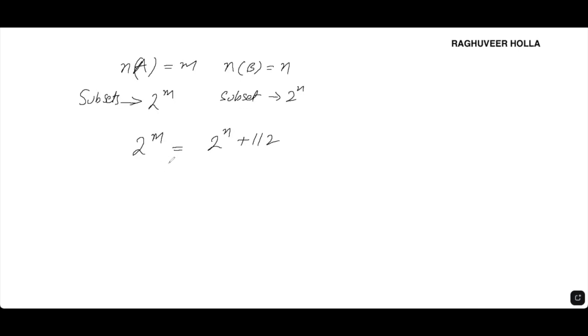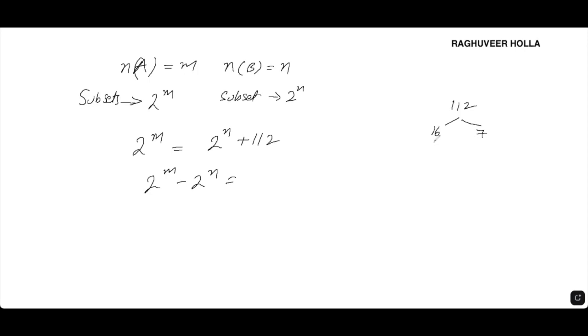Now let us put all the terms on the left hand side: 2 to the power of m minus 2 to the power of n, equals 112. When you simplify 112, you get 16 into 7. 16 multiplied by 7 is 112.